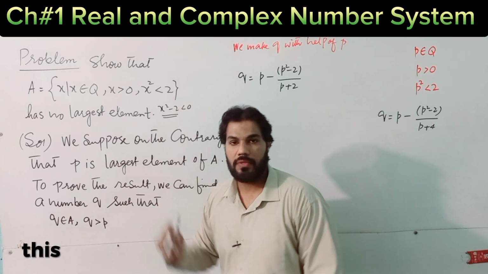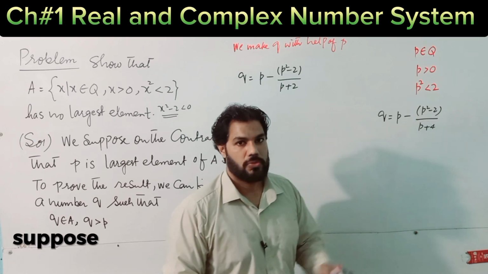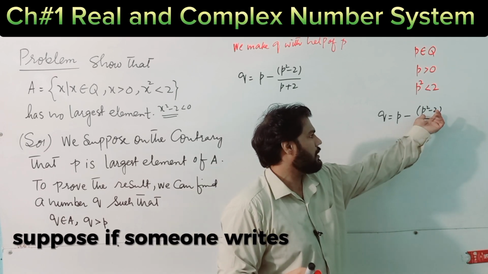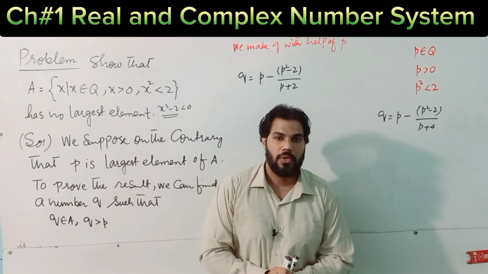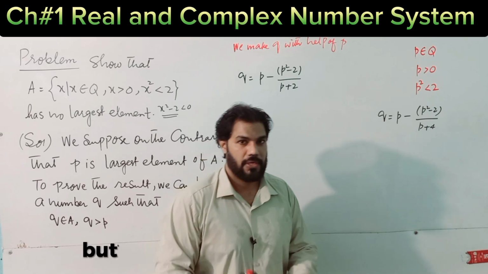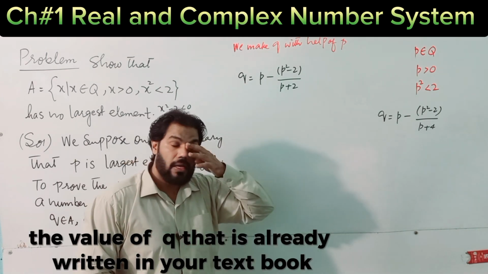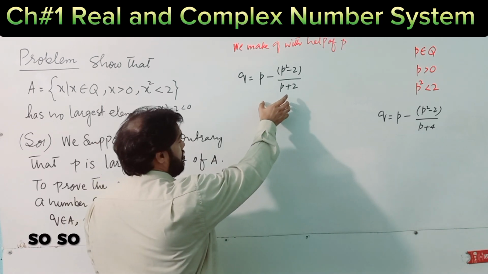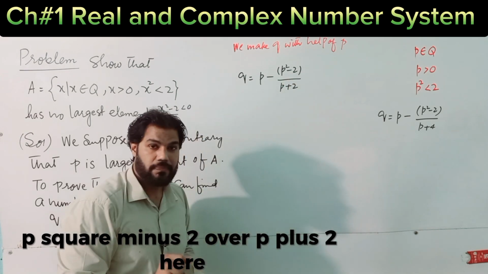So this expression must be involved in the fraction. Suppose someone writes here P square plus 2, then such a value of Q will not work here. So it may be possible you can find any other value, but I am using this value already written in your book. So we are going to put Q equal to P minus (P square minus 2) over (P plus 2) here.